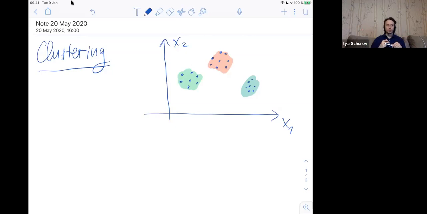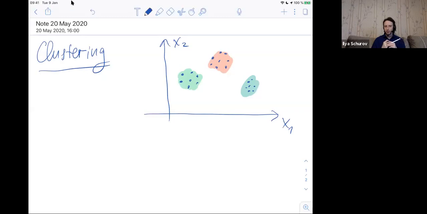So, for example, we can expect that males and females will work with our website in somewhat different ways, but we don't know in advance how. So we can use these clustering algorithms to get some answers.